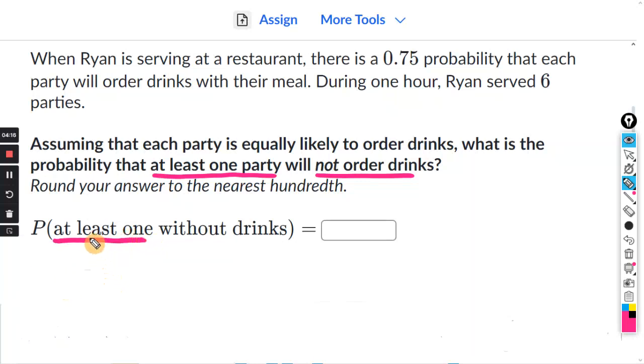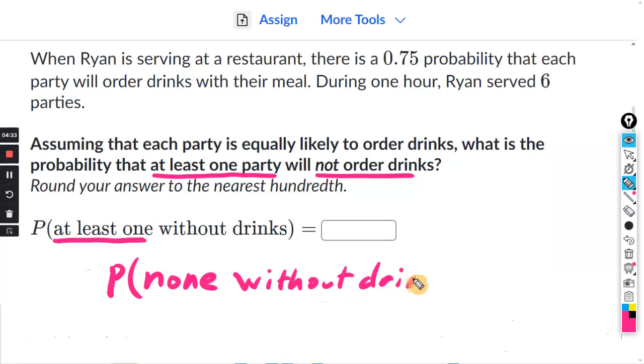So I am going to change this to the probability, instead of at least one, I am going to say none without drinks. And remember, if you want to find the probability of at least one, you subtract the probability of none from the number 1. So the probability of at least one is 1 minus the probability of none.